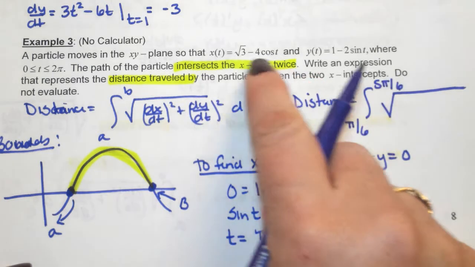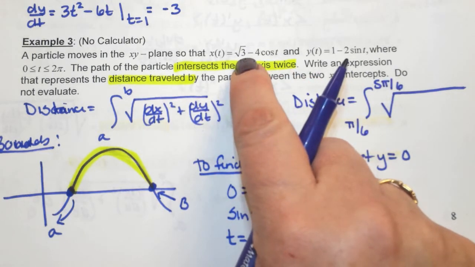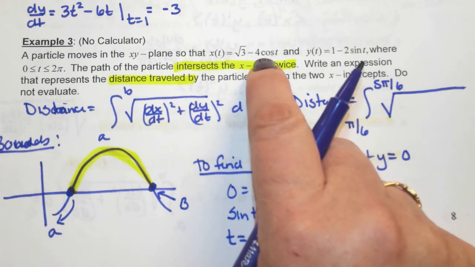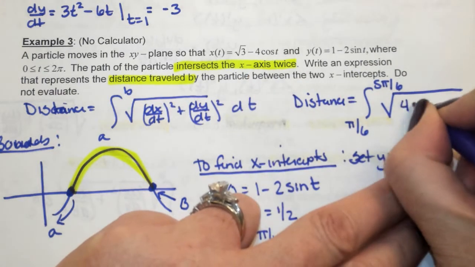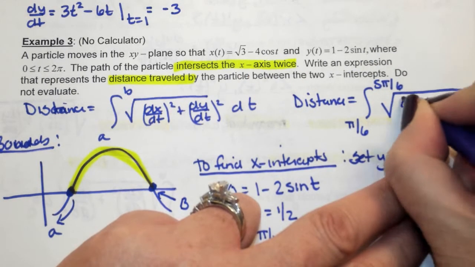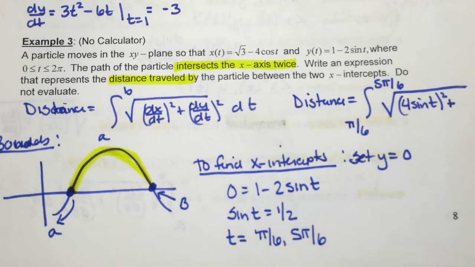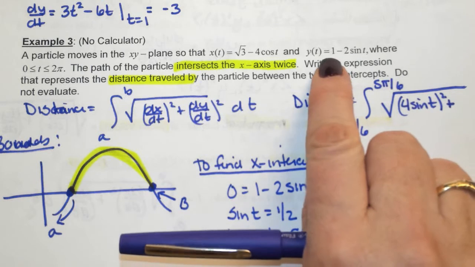So dx/dt, again, what's the derivative of square root of 3? The derivative of square root of 3 is just going to be 0. What's the derivative of negative 4 cosine t? It will be 4 sine t. So it's going to be 4 sine t, and again, that quantity is being squared, plus. Now I have to find my dy/dt.